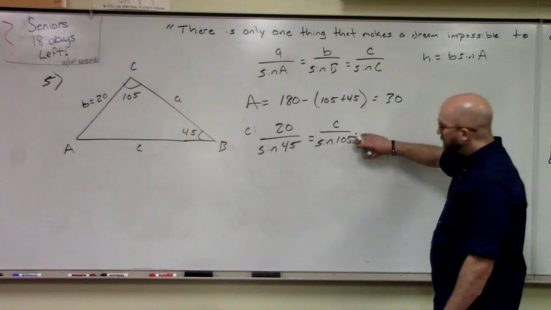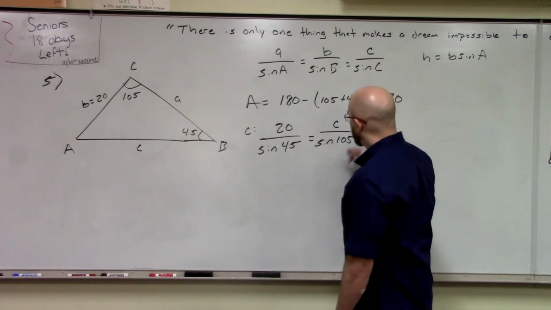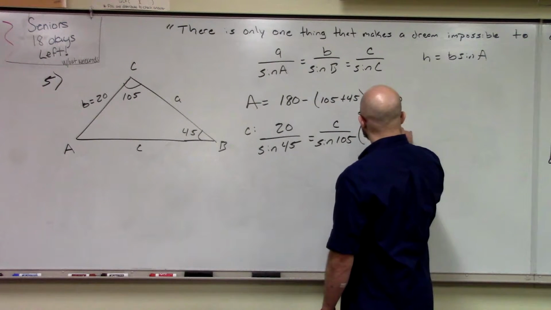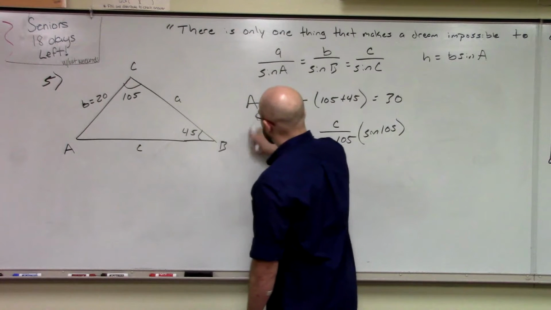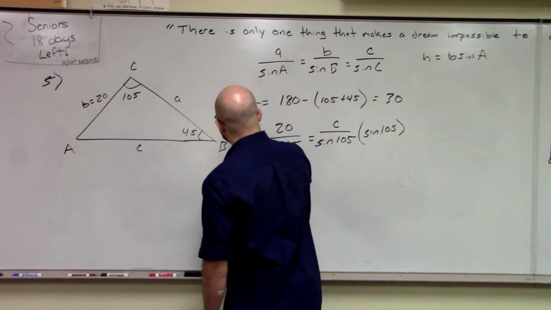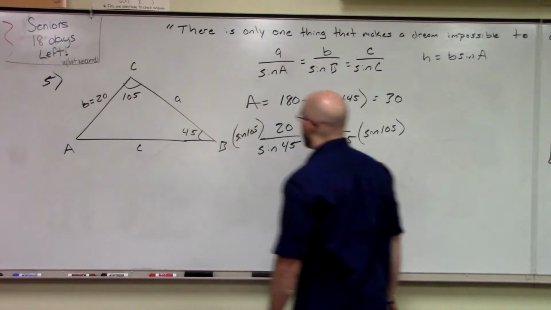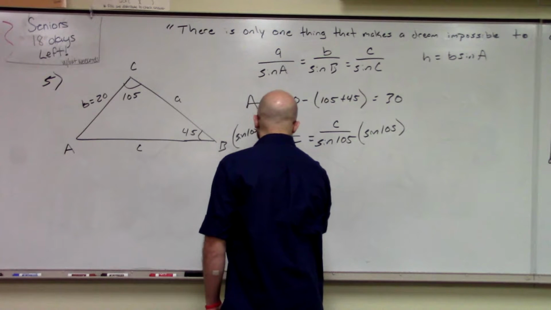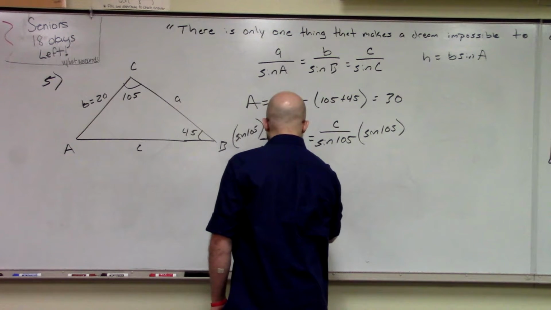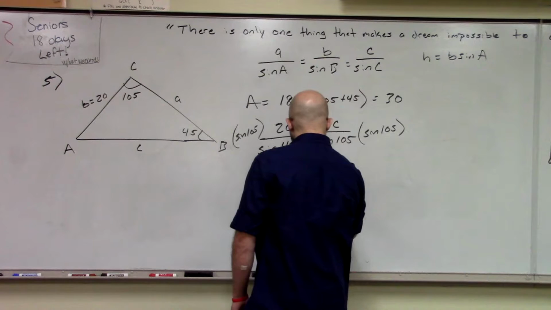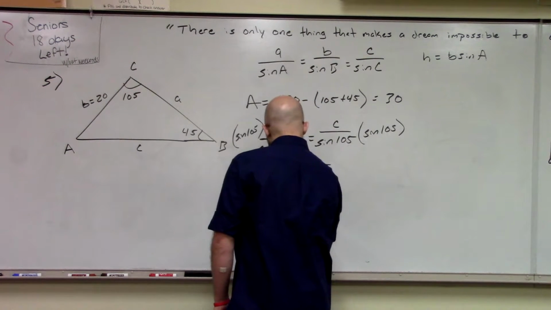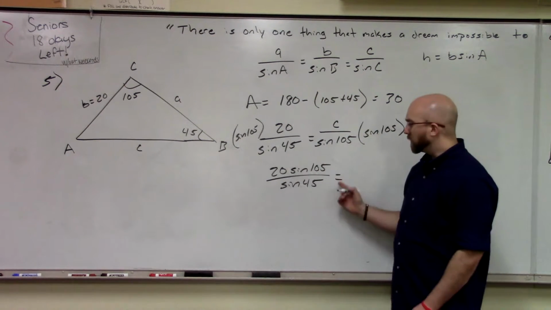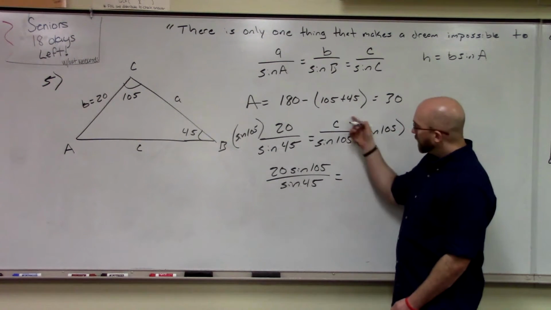So all I'm going to do is multiply both sides by sine 105. So that means I get 20 sine 105 all over sine 45 will give me little c.